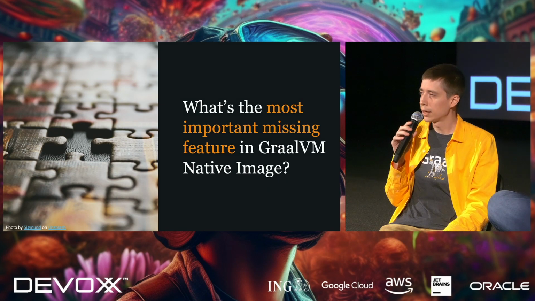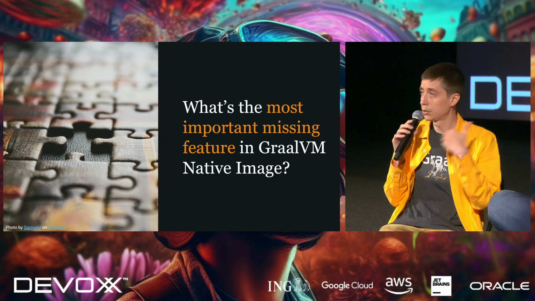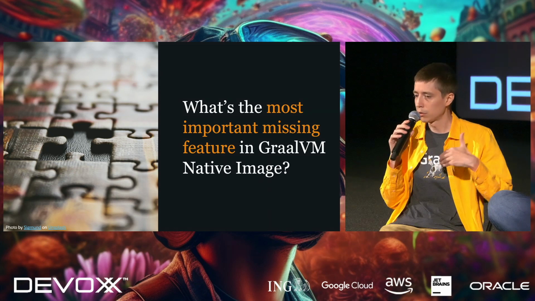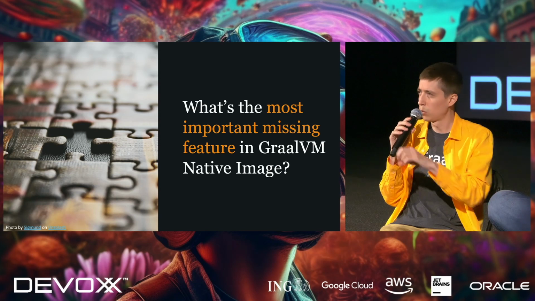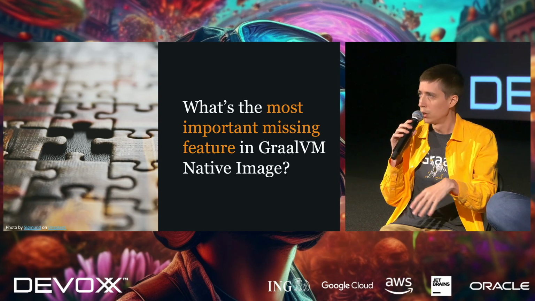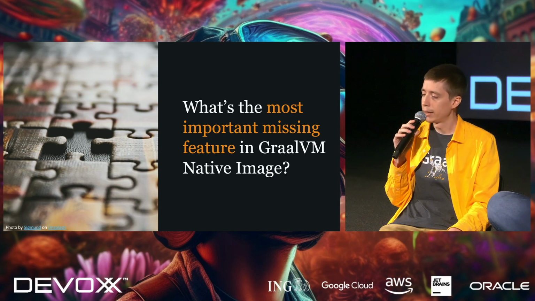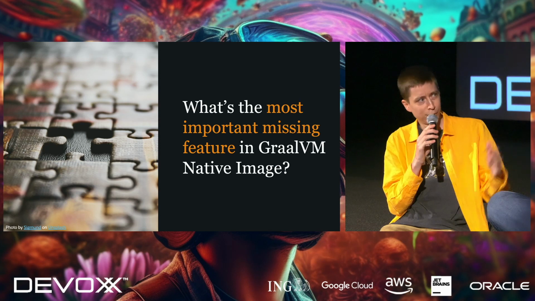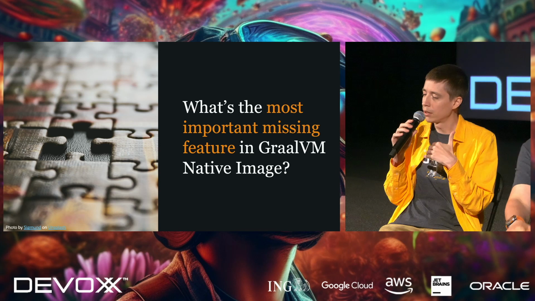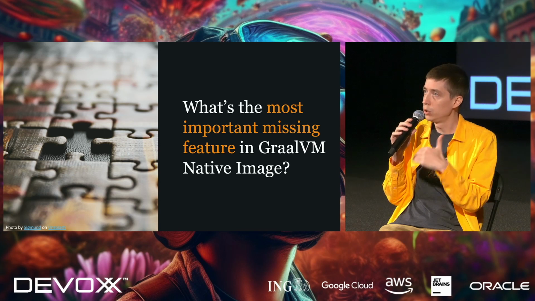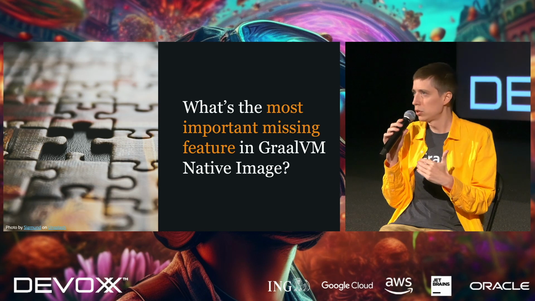But it's still the case that if you now develop an application and build an image multiple times, we will start from zero and compile the image, and then you make a small one-line change in your application and you need to compile the whole image again, and so on. We think that's against the philosophy of the GraalVM project. So what we can do is allow you to build what we call layered native images.